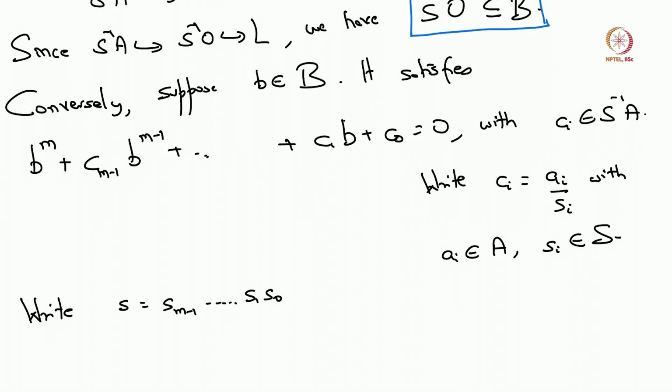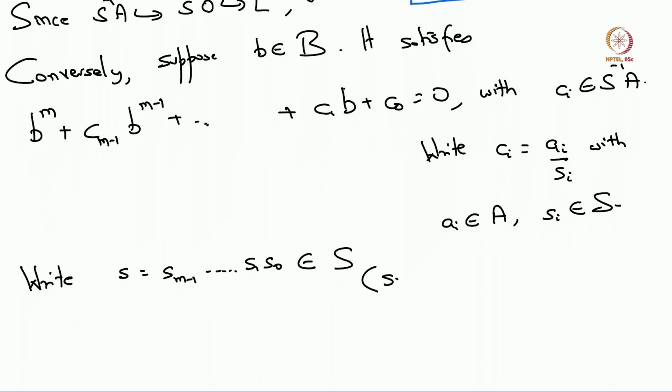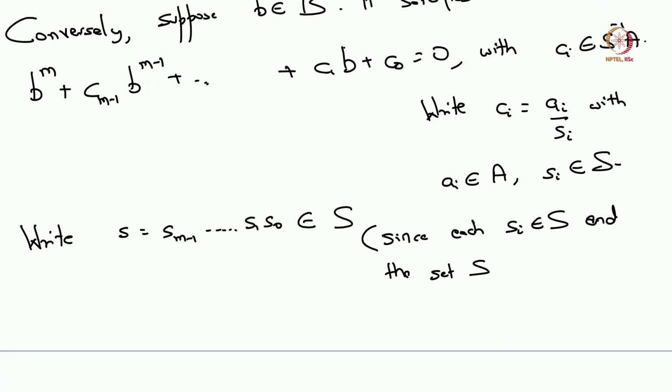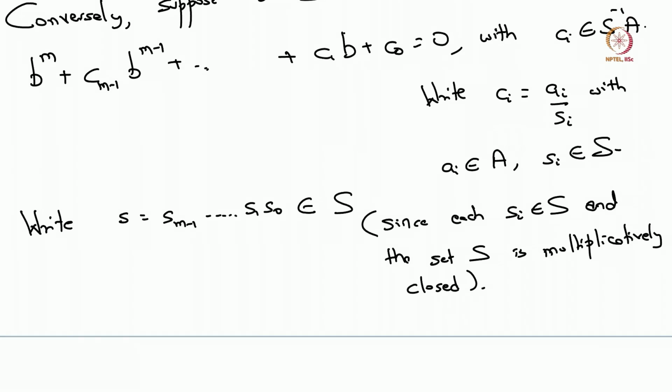So I'm just multiplying out all the denominators given by these coefficients, and since I'm multiplying elements in this multiplicatively closed set S, this product should also lie in S, since each little si belongs to S and the set itself is multiplicatively closed. And so in particular, if I take s over si, this ratio has to belong to A.